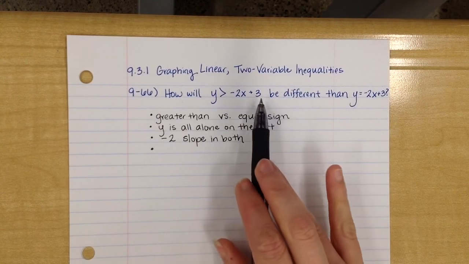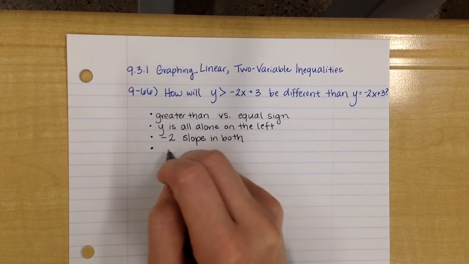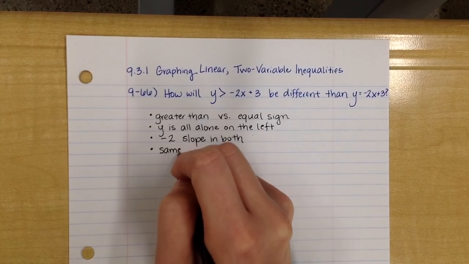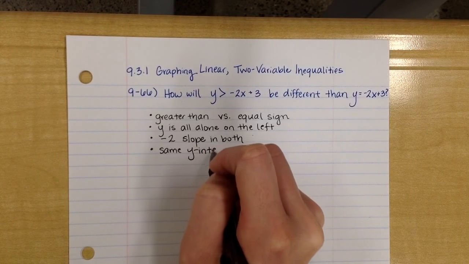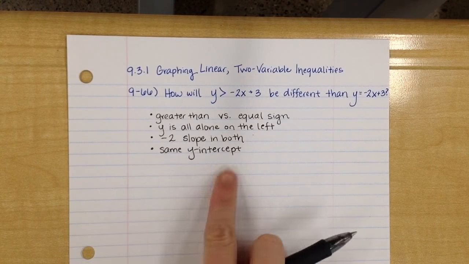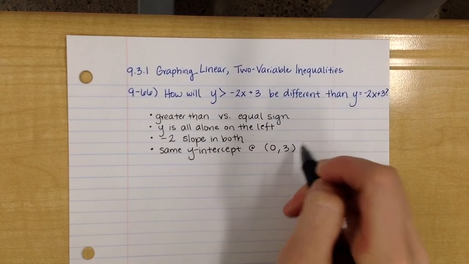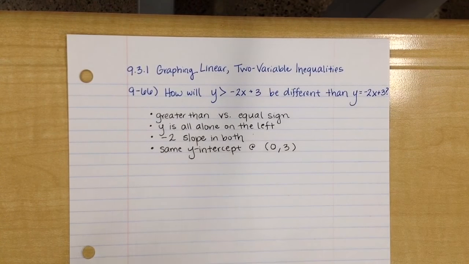And then it looks like a positive 3 and positive 3, which means we have the same y-intercept as well, located at 0, positive 3.